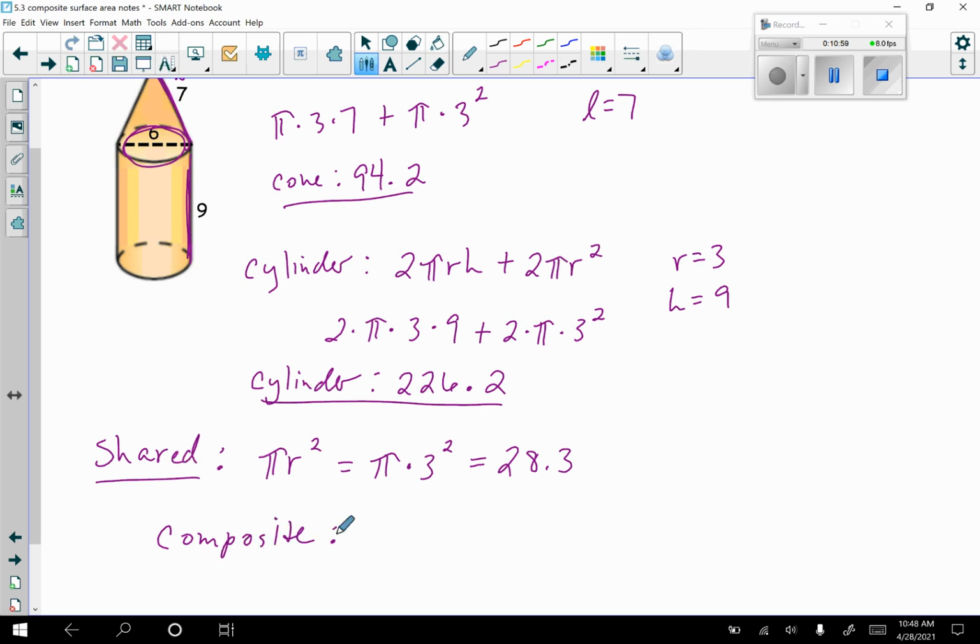So now the composite area, we're going to take our cone and our cylinder and add that together. So 94.2 plus 226.2, and then we're going to subtract out 2 times that 28.3, because remember the circle's counted twice, so we don't want that.